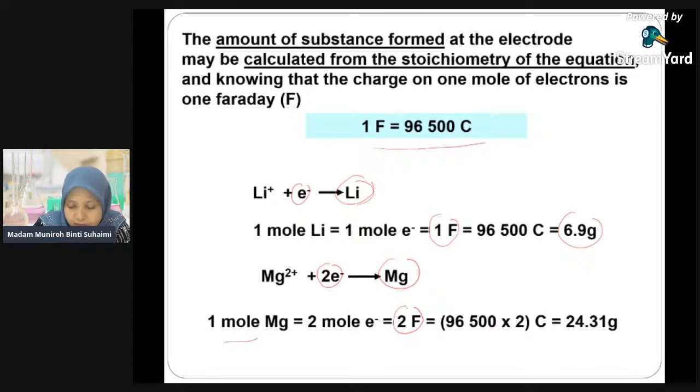So if 2 Faraday, we must multiply 96500 with 2. So for 1 mole magnesium, we have the mass deposited is 24.31 gram.